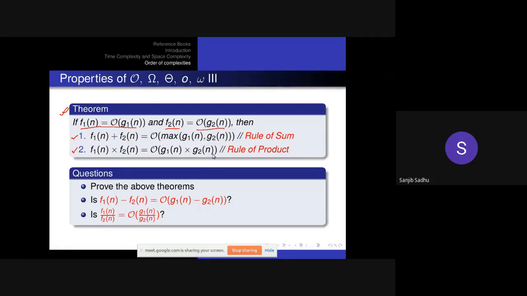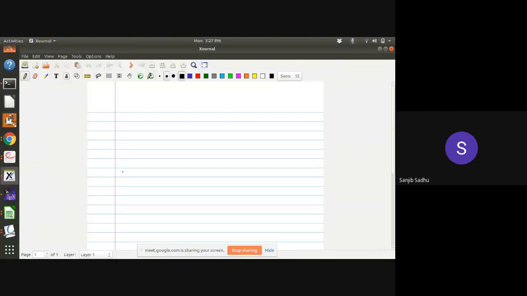For example, for this part, f1n is big O of g1n, it has been given. So it implies here f1n is less than or equal to some constant c1 into g1n.